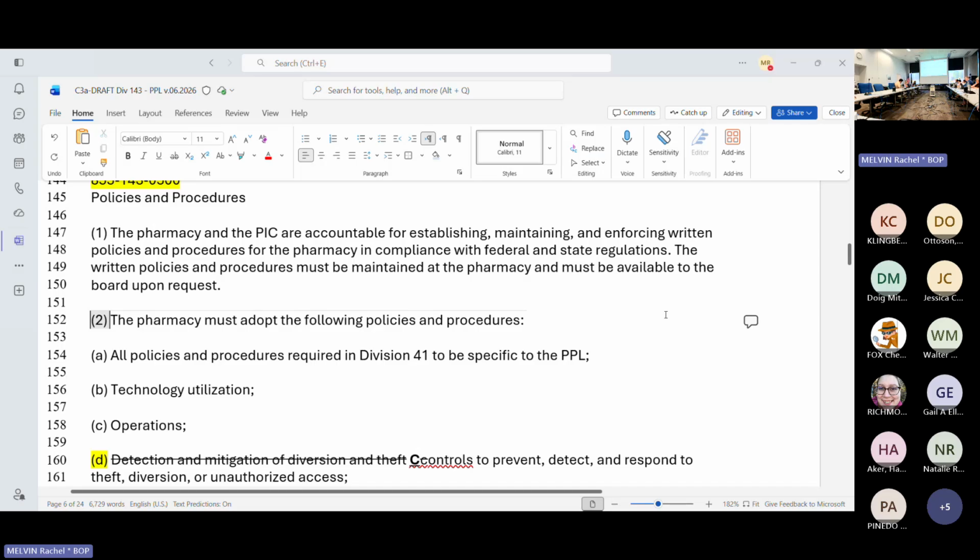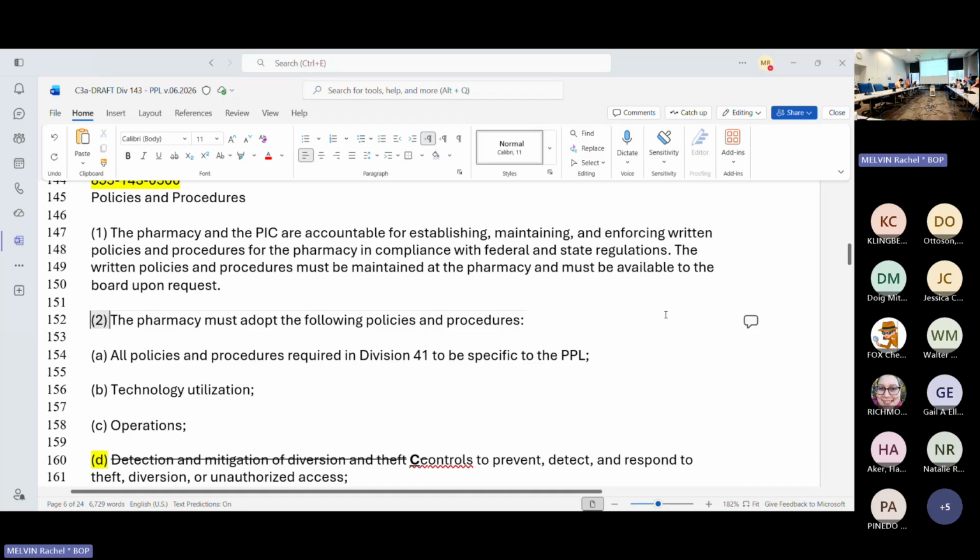It's important for everyone to know that we went through the requirements of Division 41 for the pharmacy policy and procedures in OAR 41-1040, and we took from that and only listed what would not be redundant or that needed to be further articulated related to a PPL and a PPL's function.